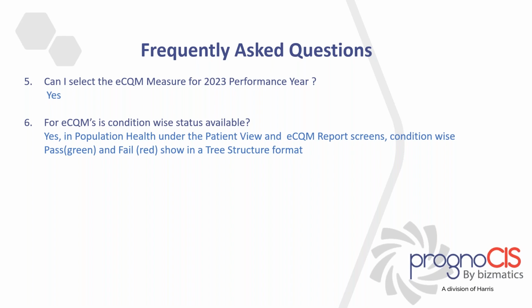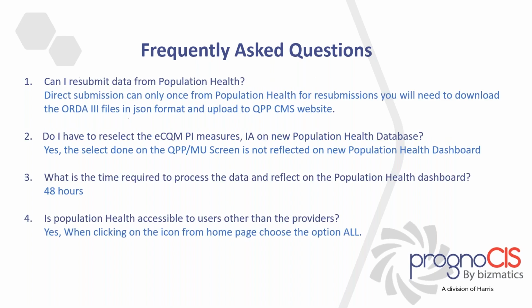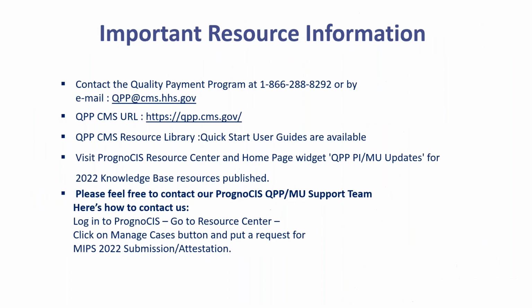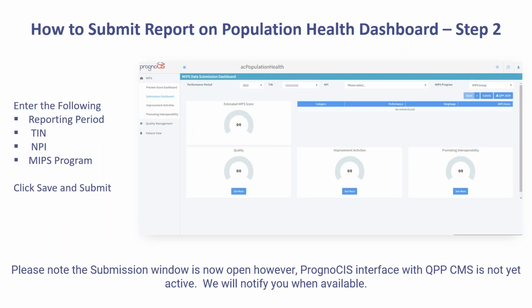But if it is not there, as said earlier, you need to communicate with the support team. We have given the support email ID in this presentation. Can you go back to that slide, Julia, where we have given that support email ID? Or they can go to the PrognoCIS Resource Center and create the ticket.